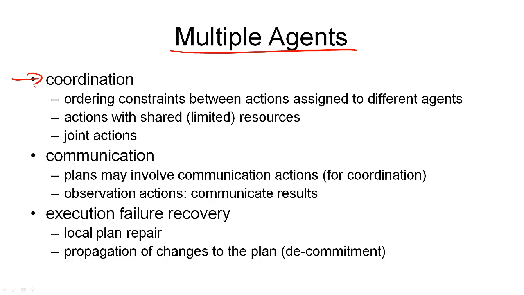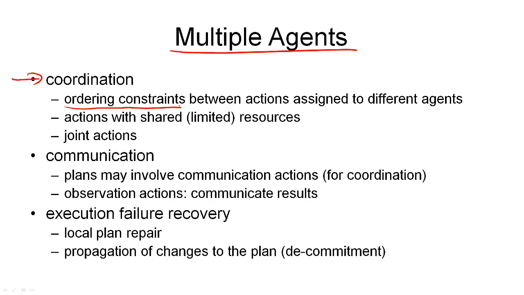Now, if we assign two actions that are ordered with respect to each other to two different agents, then during plan execution, these two agents need to make sure that first one action is executed and then the other action is executed by the other agent. That means the second agent needs to know when the first agent has finished its activity. So ordering constraints lead to a coordination problem immediately.